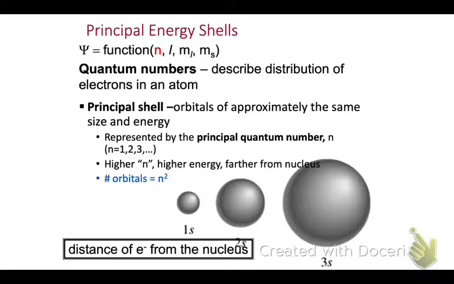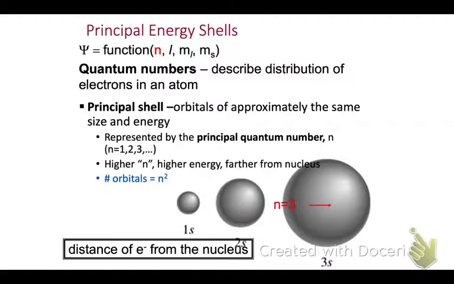Here is an example. All these are s orbitals. The only difference between them is that they occupy different n levels. The first one, 1s, is an s orbital located at n equals 1. This is an s orbital located at n equals 2, and that's why we call it 2s.